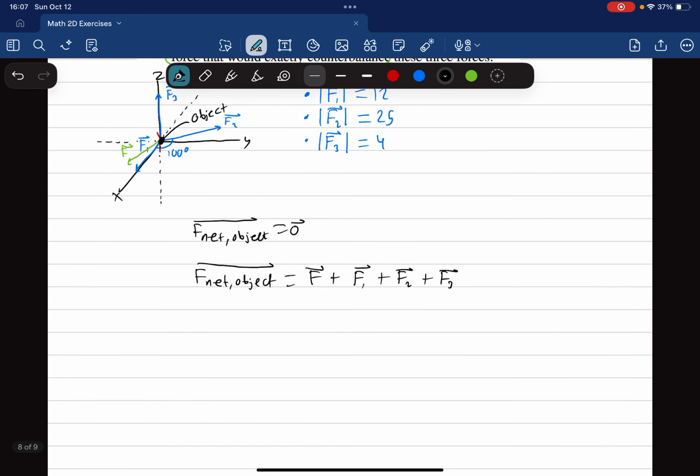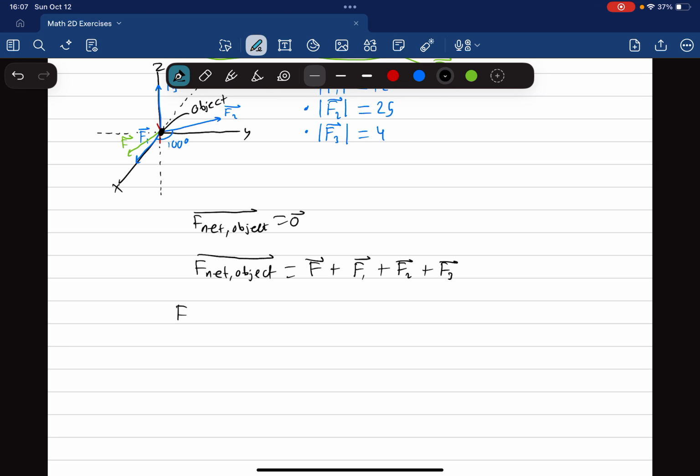And so this gives us an equation relating all of our forces. F plus F1 plus F2 plus F3 equals the zero vector. Okay.